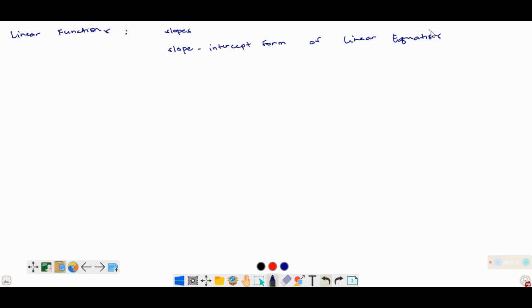So for linear functions, if you have an equation in the slope-intercept form, y is equal to mx plus b, our slope m will help us determine whether a function is increasing or decreasing.